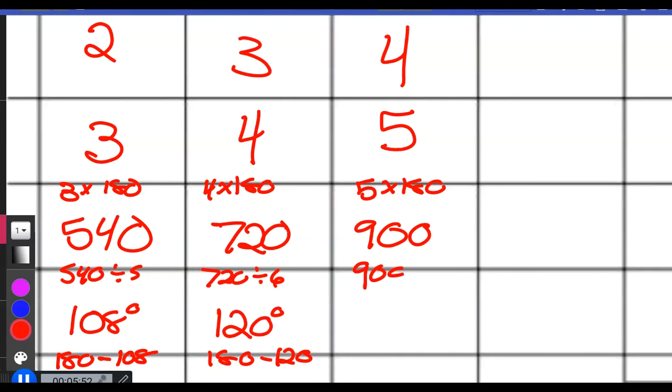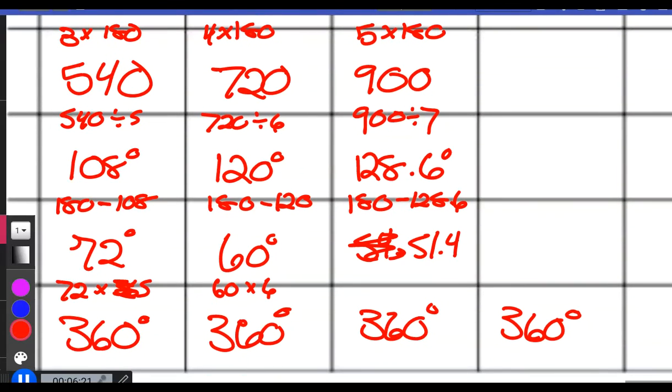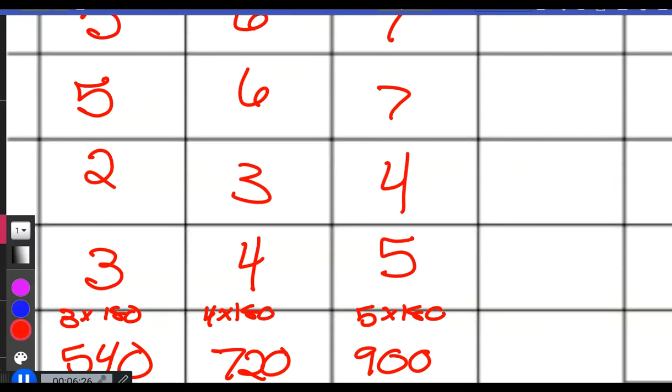So 900 divided by 7. It's about 128.6 degrees. Because, you know, it's a 7-sided figure, so nothing is normal about it. Find the supplement of that, and you get 51.4. If you multiply that by 7, you'll get 360 degrees for our exterior angle sum.